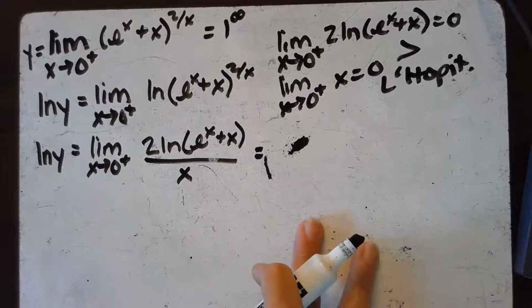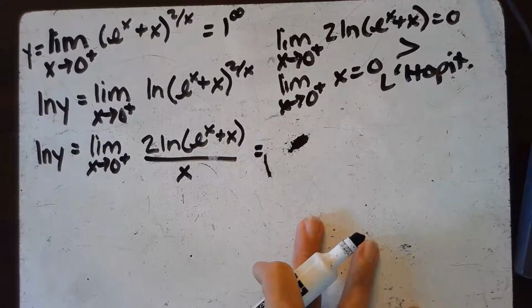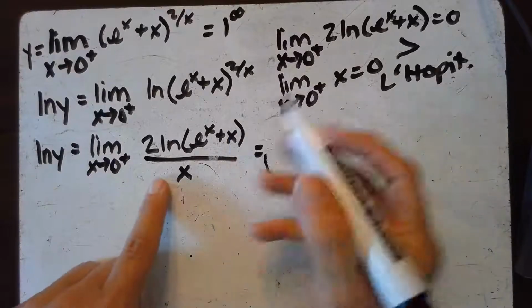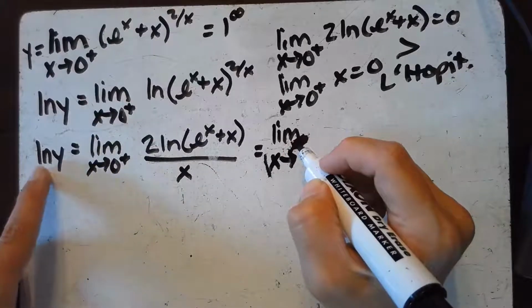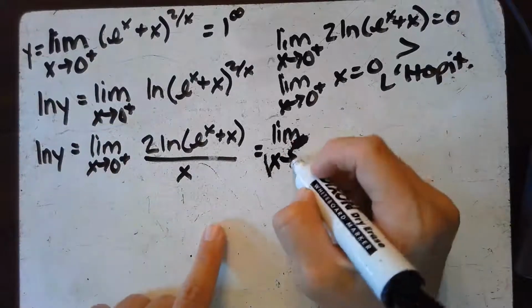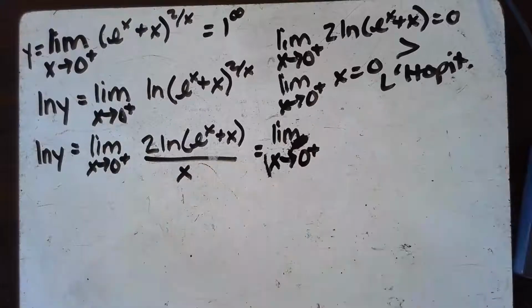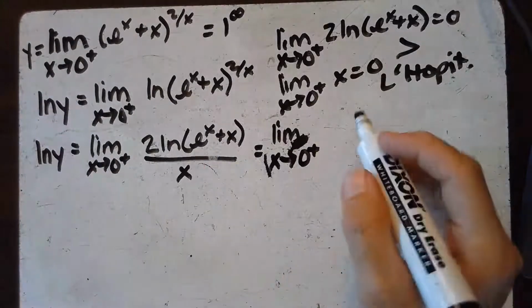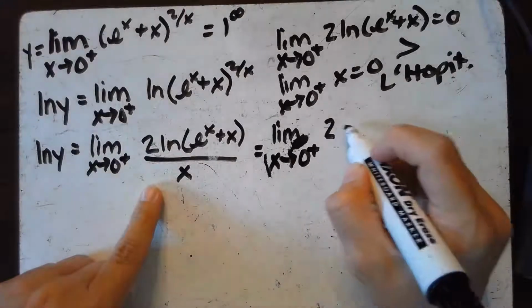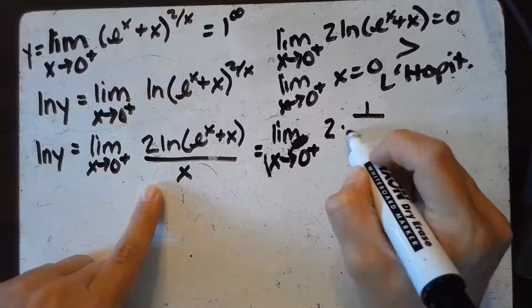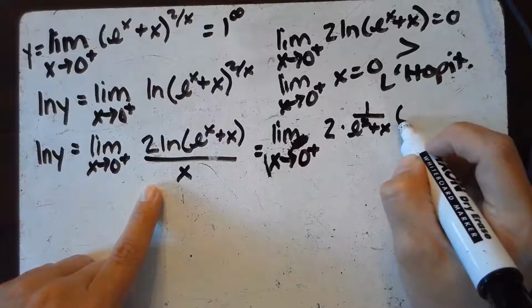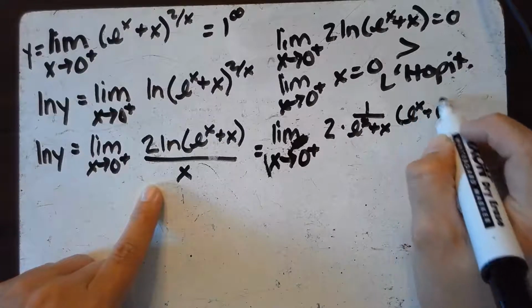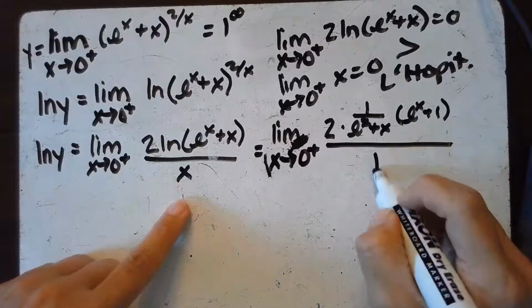Now, what we're going to do is take the derivative. I'm going to keep a limit. Now, I want you to pay attention to this because this is going to come back later on. All right. When I take the derivative of the top, it's going to be 2 times 1 over e to the x plus x. And then you're timesing it by e to the x plus 1. All over 1.